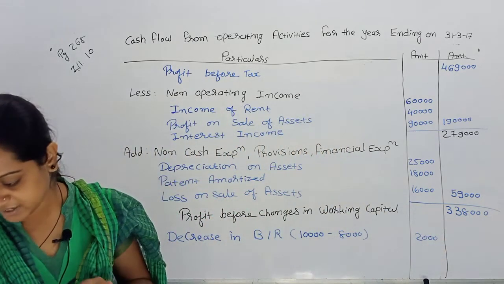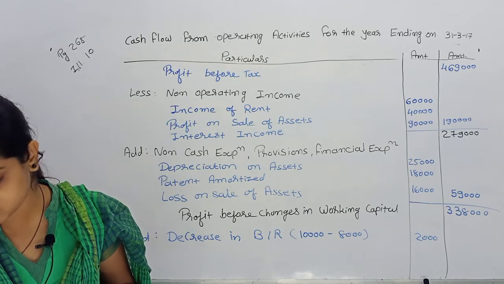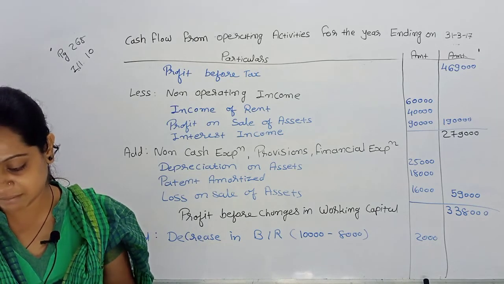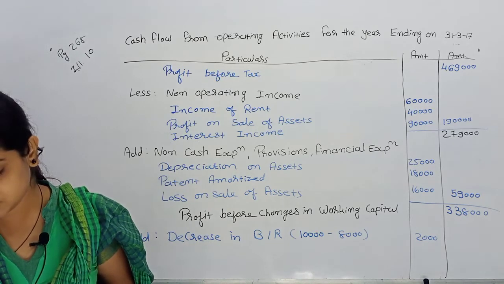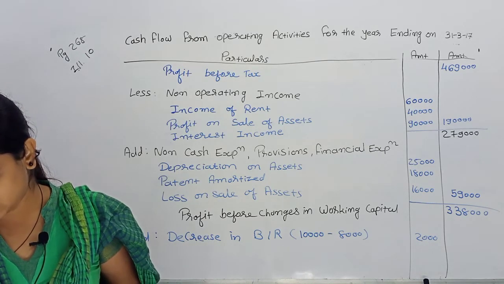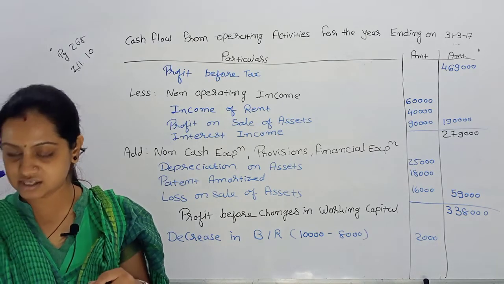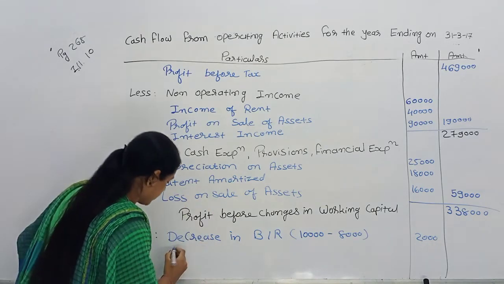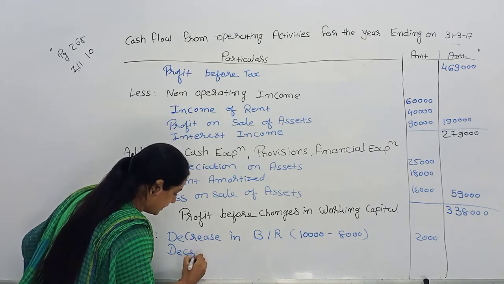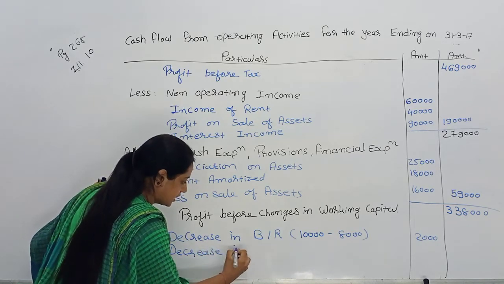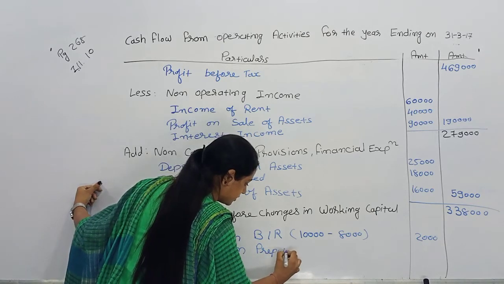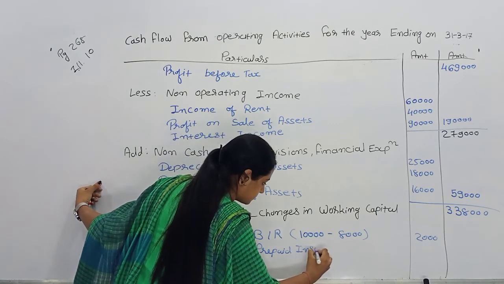Then next, stock. Stock has also increased, so we will not write here. Outstanding salary, that is a liability, so we will not check. Then comes prepaid insurance. In the beginning 9 and at the end 7, that is our current asset, and that has decreased. So here I will write decrease in prepaid insurance.